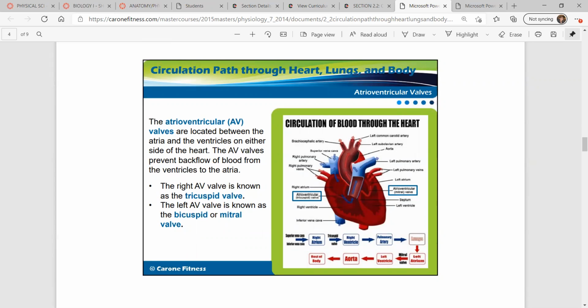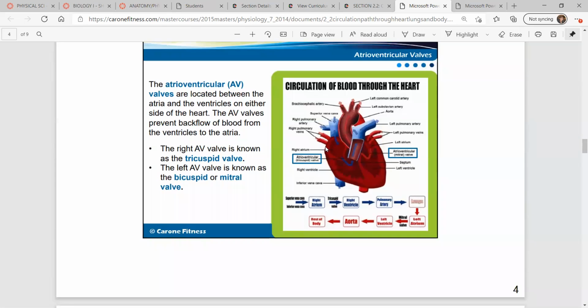These valves prevent backflow of blood from the ventricles to the atria. So it keeps the blood flowing one way. The right AV valve is known as the tricuspid valve, and the left AV valve is known as the bicuspid or mitral valve. And those can be seen here.